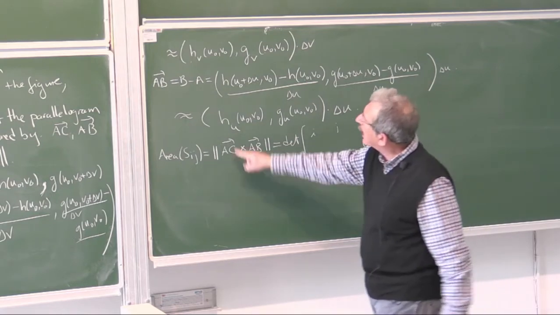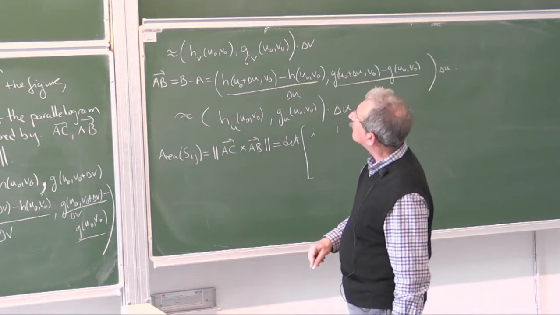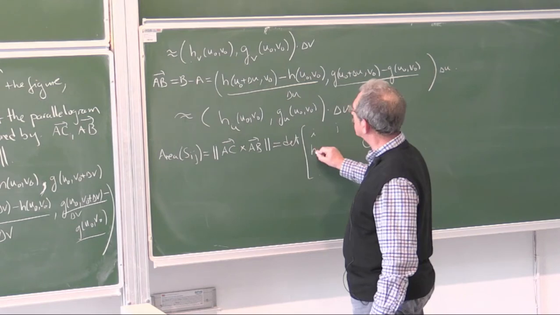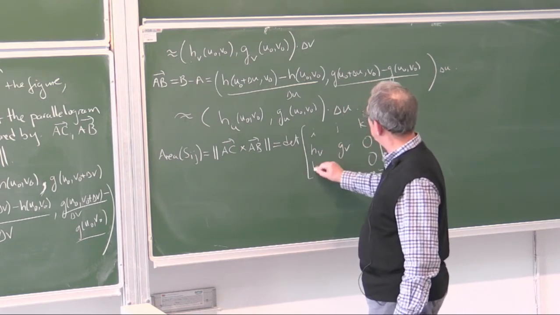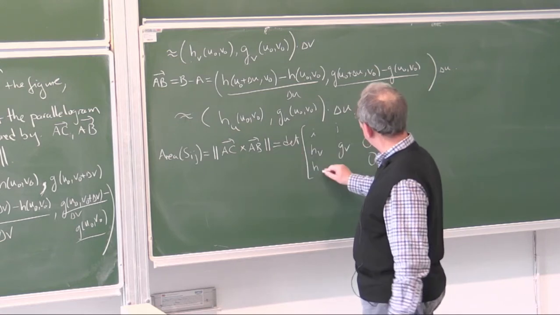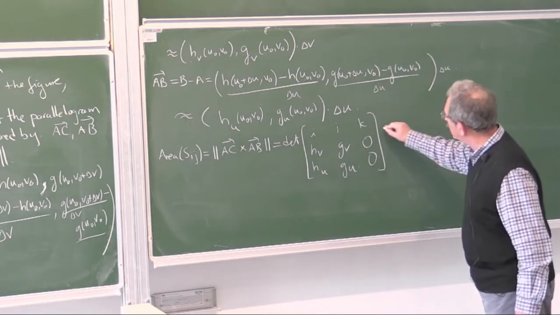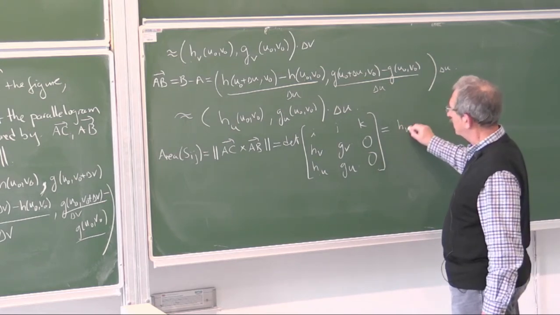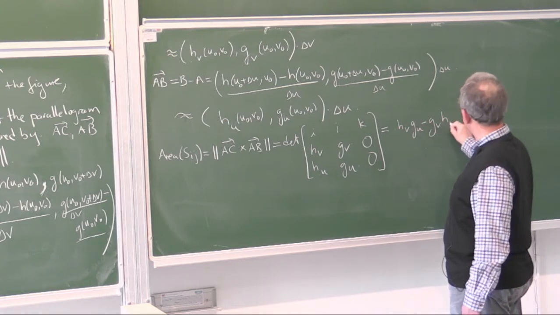The first one, AC, over there, would be, roughly speaking, well, that's here, by the way, H sub B, G sub V, and the other one, H sub U, G sub U, which would be HB GU minus GB HU.